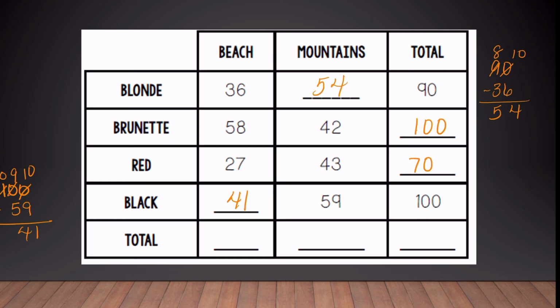This is where it's okay to take a calculator and do 36 plus 58 plus 27 plus 41 and get 162. Then 54 plus 42 plus 43 plus 59 and get 198. Now, if I do 162 plus 198, that gives me 360. Make sure that this column equals 360, and it does.